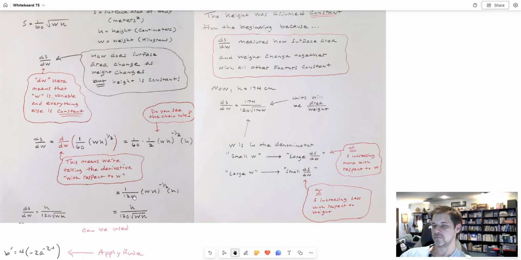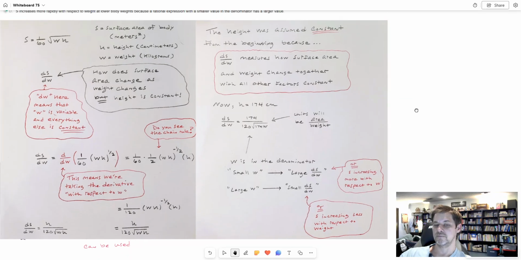I get 1/120. And then I can just combine this into one big fraction. I got an h on top, and I can send this root down there under the bar. That negative 1/2 becomes positive 1/2, or square root of w times h. So there's your derivative, ds over dw, the derivative of surface area with respect to weight.